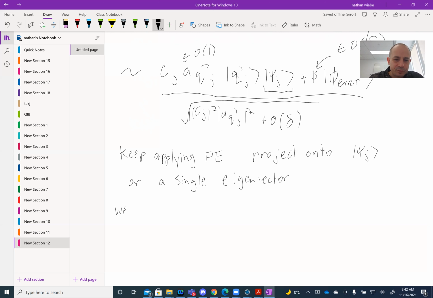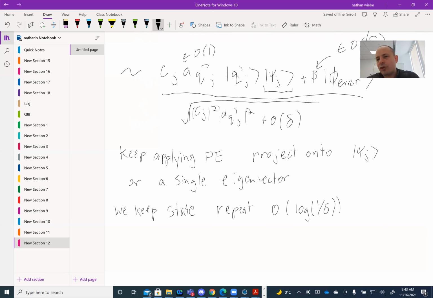We keep the state and repeat order log 1 over delta times. And then from the exact same Chernoff bound style argument, you can reason that with extremely high probability, the state that you end up getting will have projected yourself onto one of the eigenvectors, which is awesome. So that's how this whole procedure works.